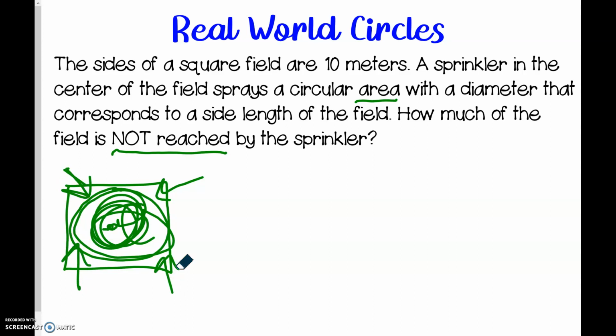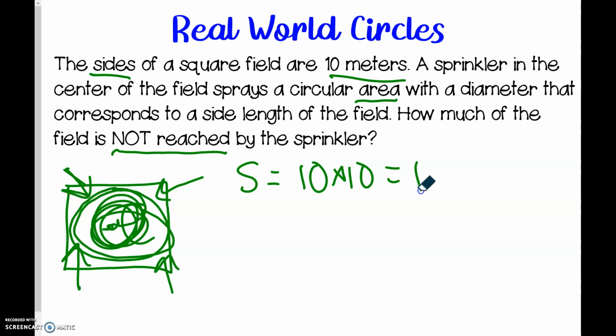So what we can do is find the area of the square, find the area of the circle, subtract, and that'll give us these leftover spaces where the sprinkler does not reach, okay? So the area of the square is pretty simple. It's just going to be 10 times 10 because it says the sides are 10 meters, and so we get 100 meters squared for our square, okay?